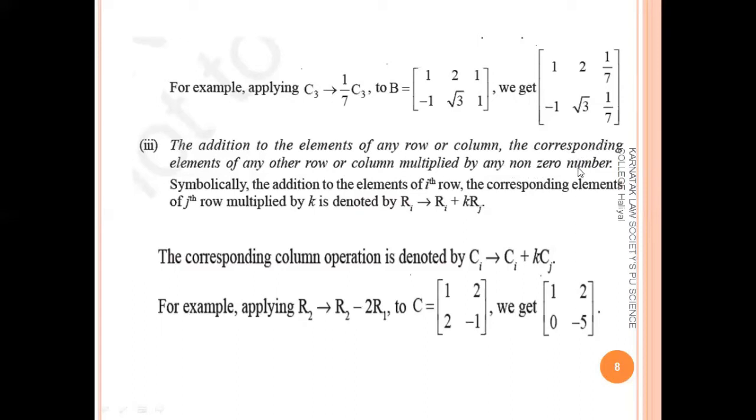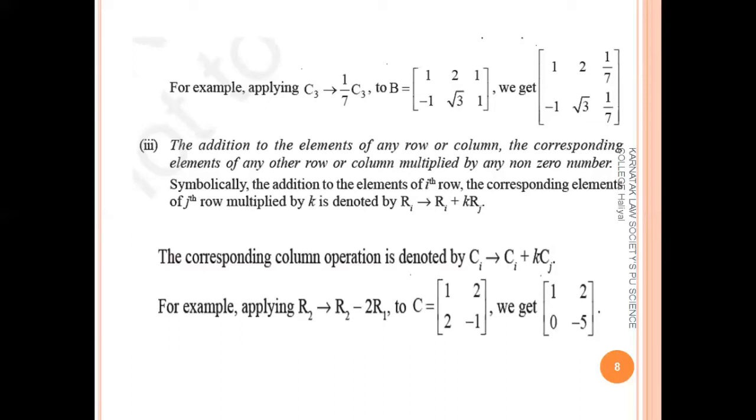It can be denoted by Ri → Ri + aRj, meaning I operate on the Ri row. Whichever rows you choose can be represented by i and j. And for columns it is represented by Ci → Ci + aCj.